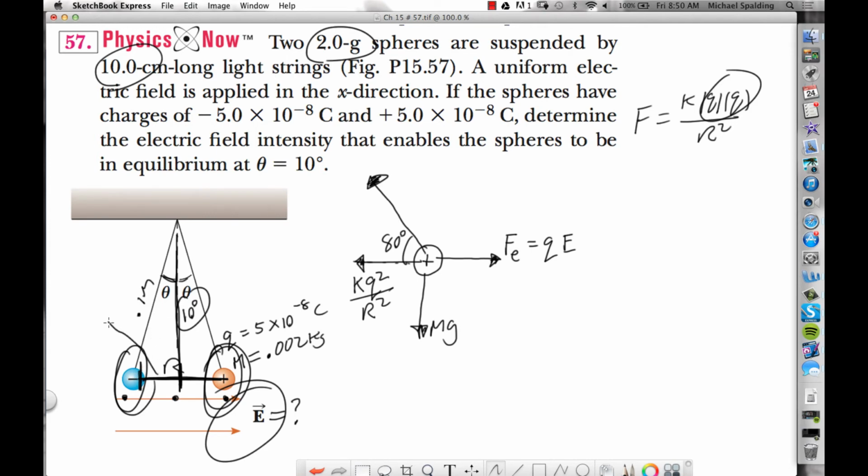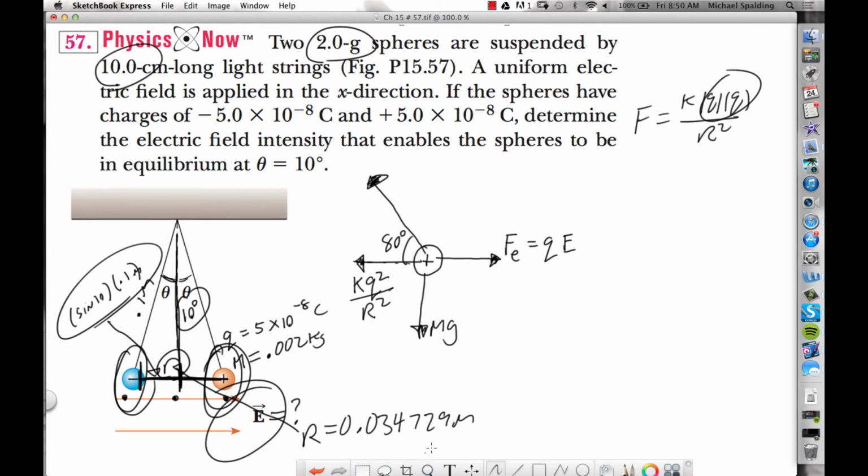The way you would find that distance is sine of 10 degrees times 0.1, and then take that and double it. So it turns out that r, the distance of separation between the two charges, is 0.034729 meters. So that's our r there.